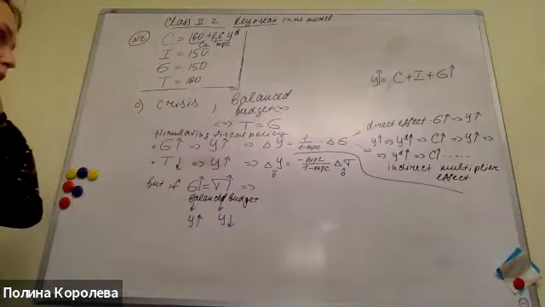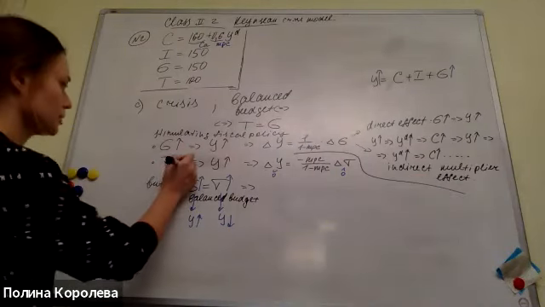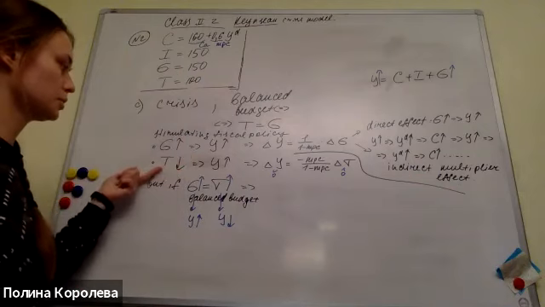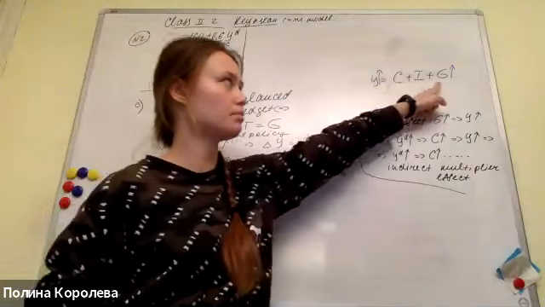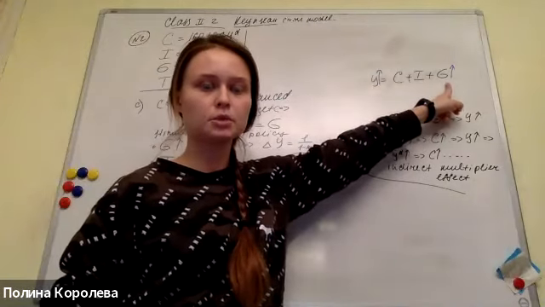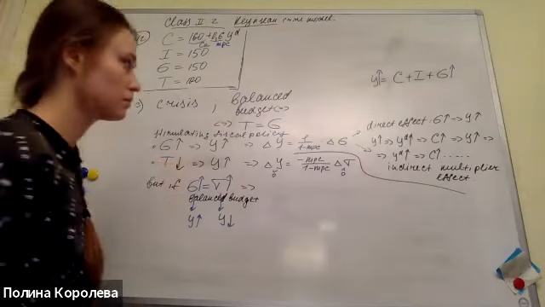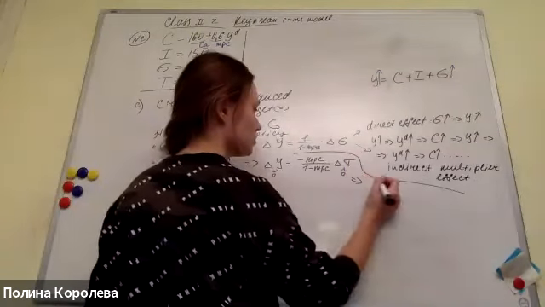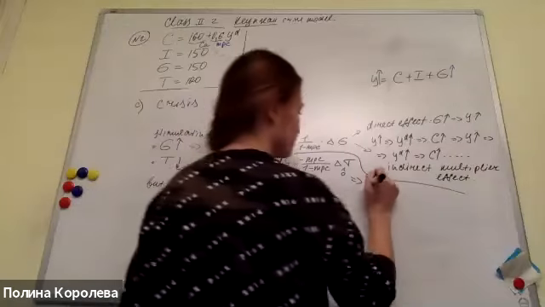If we speak about the second fiscal policy, change in taxes, if we decrease taxes. Do we have taxes in our formula for GDP? We do not have taxes here, yes? So by using this policy, we will not have a direct effect. We will only have an indirect effect.